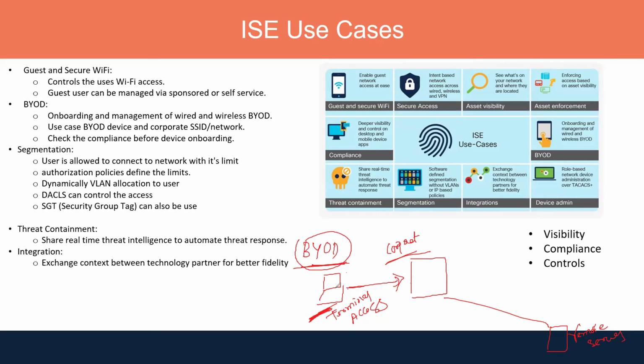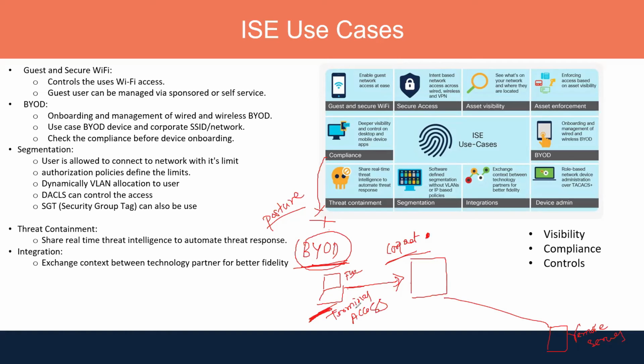Companies overcome this kind of issue by checking the posture. So it is using the BYOD use case plus compliance. These two use cases are used to connect any BYOD device, which is bring your own device, a personal device, to the corporate network. Before connecting to the network, you can check compliance, where you can check on the user machine that the firewall is on.